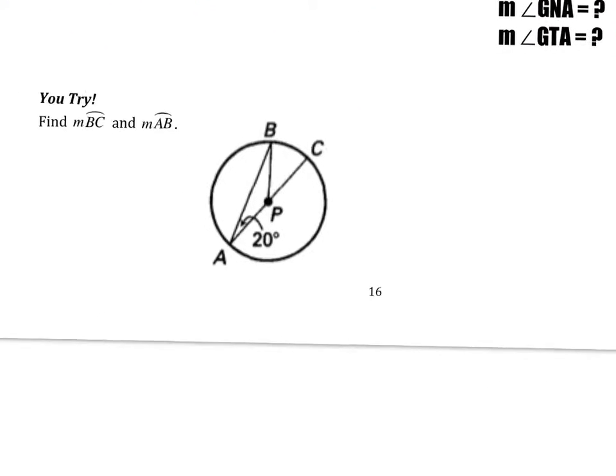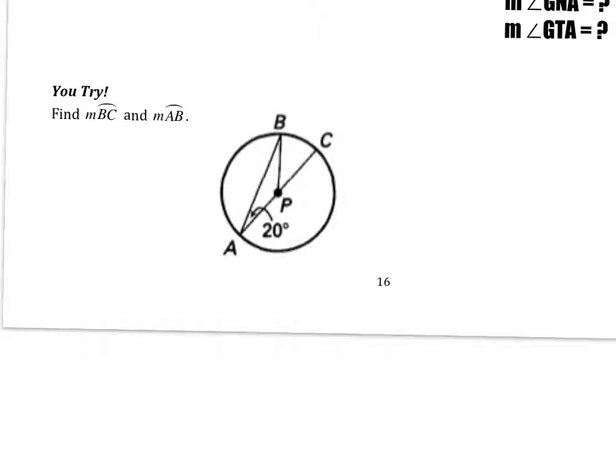All right, so another one. See if you can find arc measure BC, and then find arc measure AB. Angel, what did you get for arc BC? 40. Okay, and he got that from doubling the 20. Now, it did not ask for this measure, but can anybody tell me the measure of angle BPC? 40.